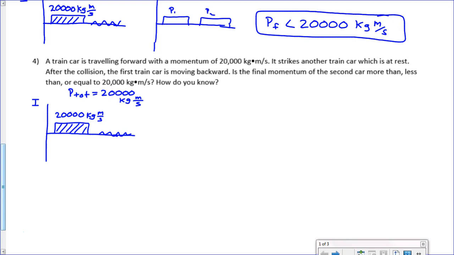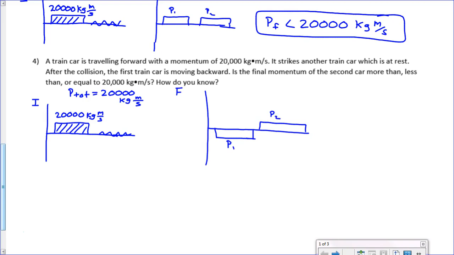Then if we make the final situation here, that momentum needs to be maintained, the law of conservation of momentum. We know that we've got one car going in the negative direction, and the other car would be going in the positive direction. I'm going to call this momentum P1 and this momentum P2.